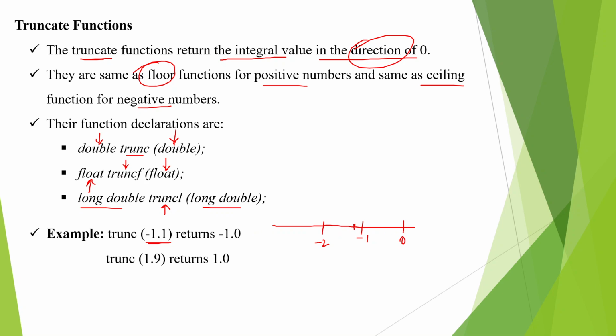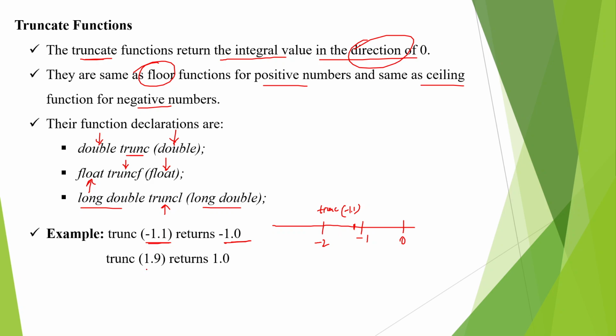If you apply trunc on that, we need to move in zero's direction, towards 0. Which is the nearest possible integer? Minus 1 is the nearest possible integer.